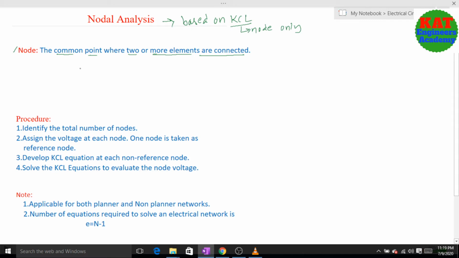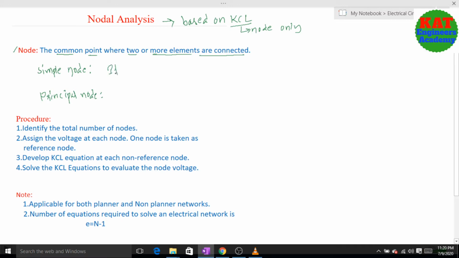Again, we have two types of nodes. The first one is the simple node, and the next is the principal node. First, what is meant by a simple node?